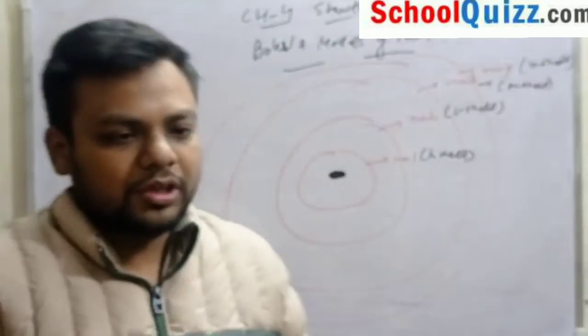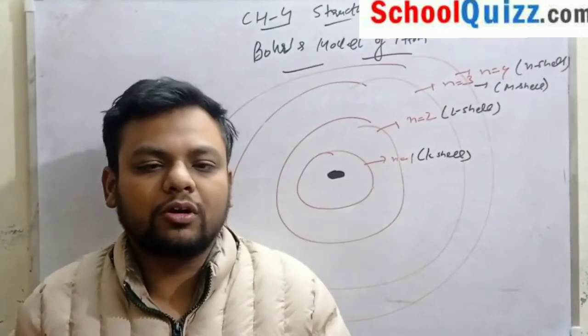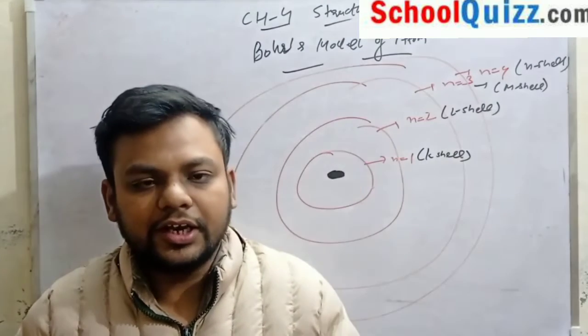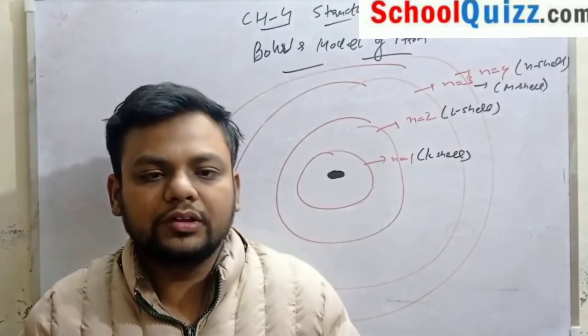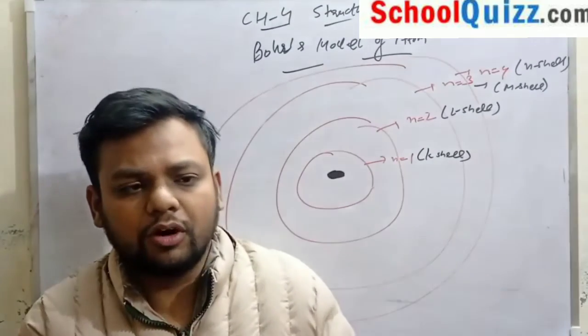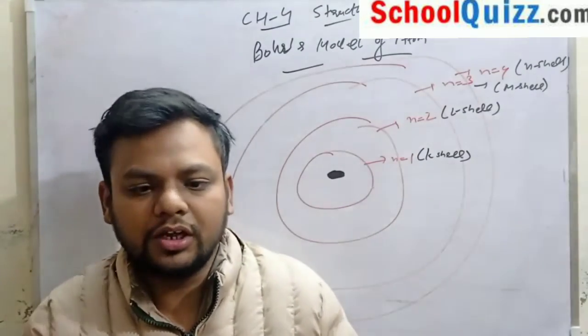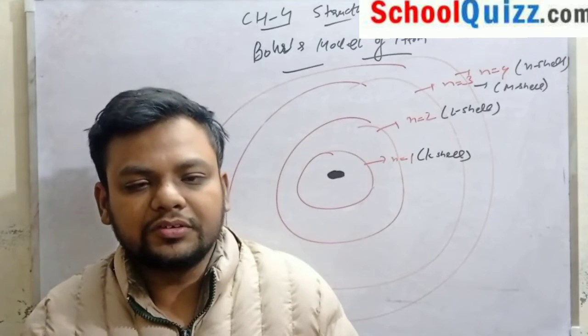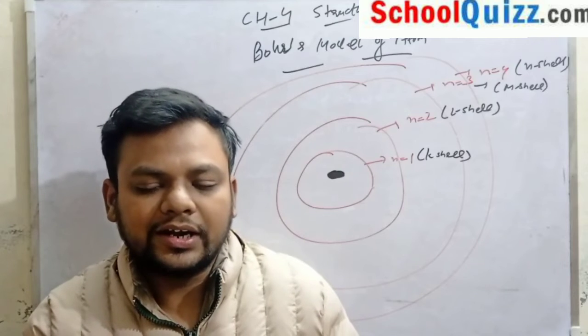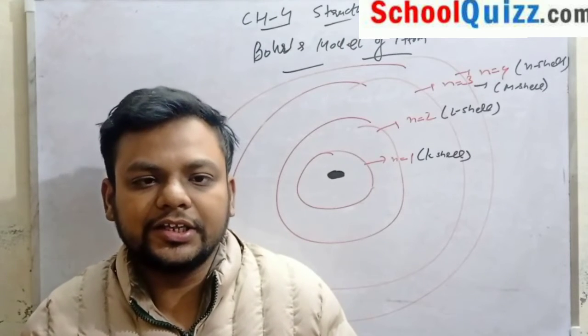So this is all about the drawback of the Rutherford model of an atom. What was the drawback? He compared his model with the solar system, like planets revolve, electrons will revolve around the nucleus. But it was a drawback, as we know, when a particle moves, it accelerates, and the accelerating particle will radiate energy.